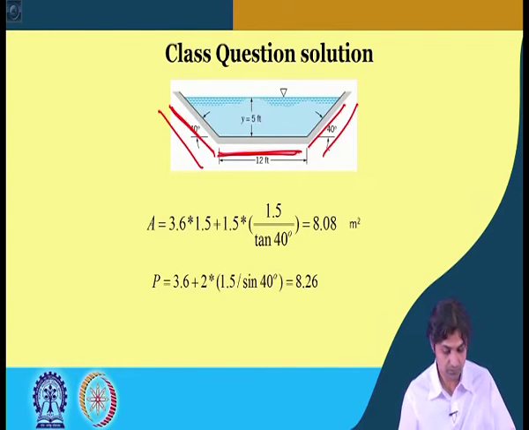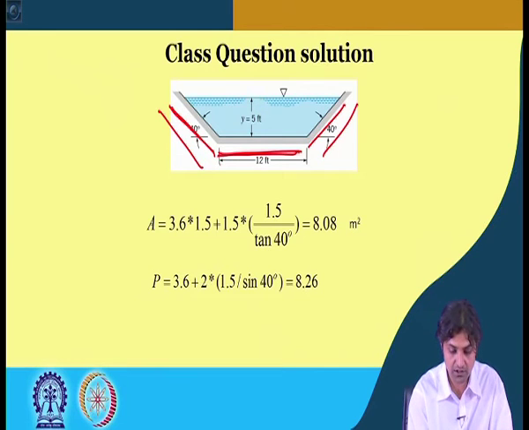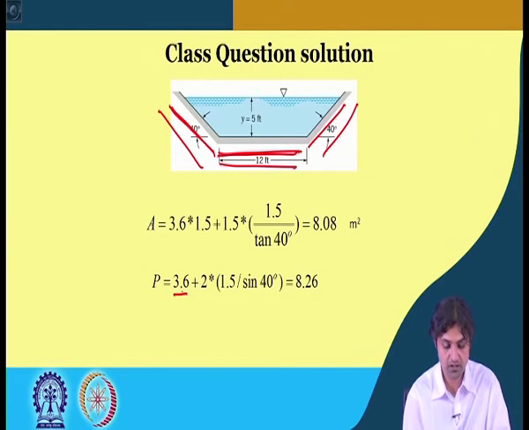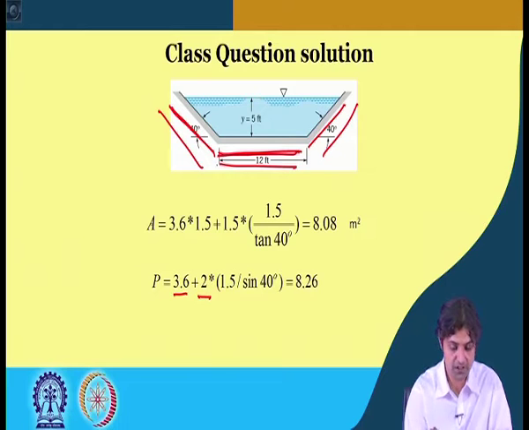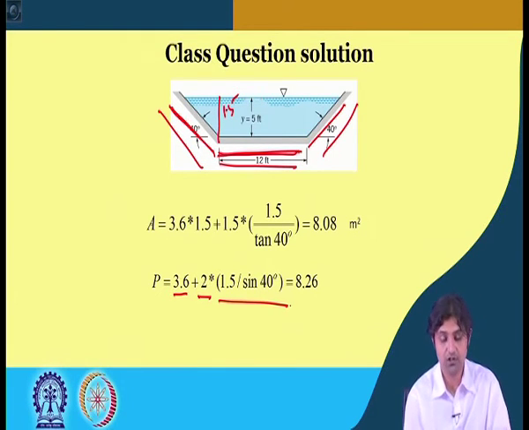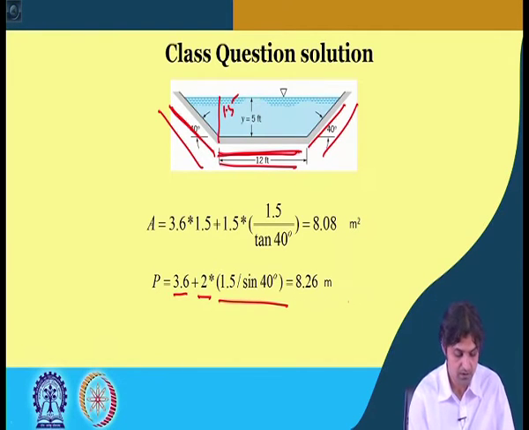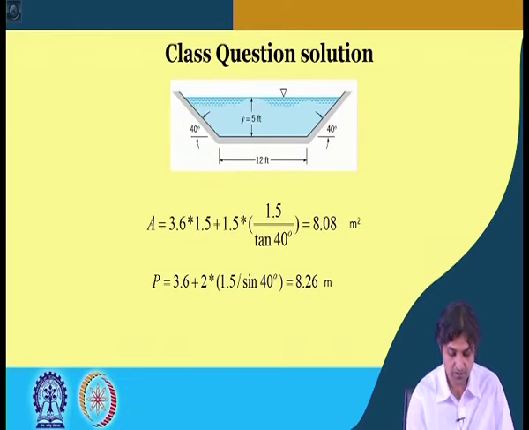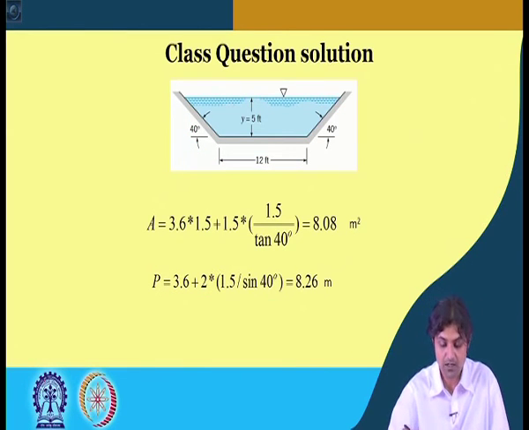So, perimeter, this one is 3.6 meters plus 2 into one of these lengths. This is going to be 1.5 divided by sin 40, which will give us 8.26 meters. So, we have calculated the first 2 parts that we needed.